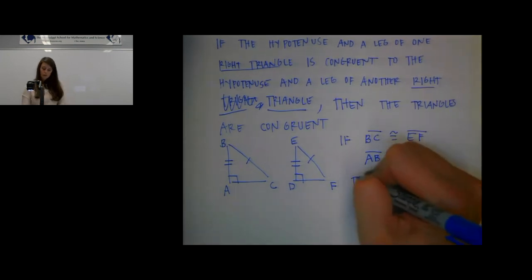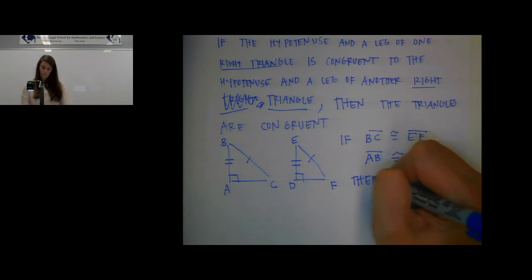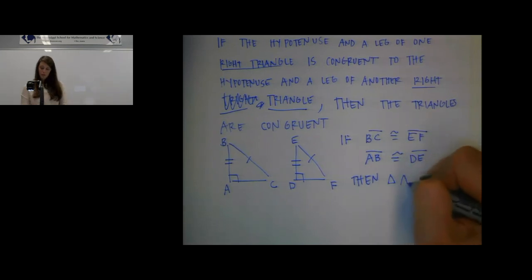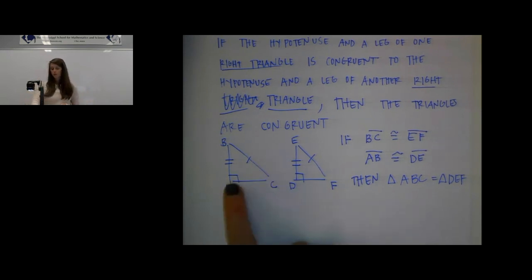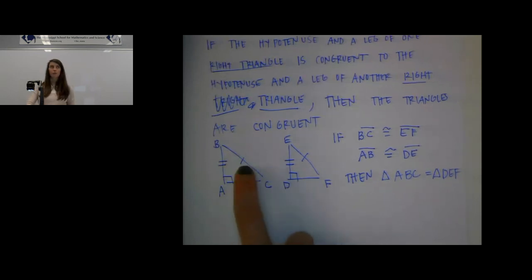So triangle ABC is congruent to triangle DEF. The hypotenuse is always the opposite of the right angle, across from that right angle.